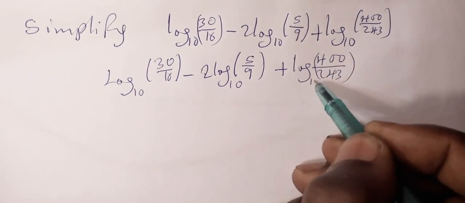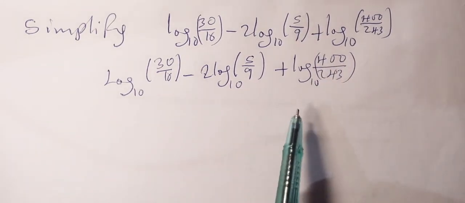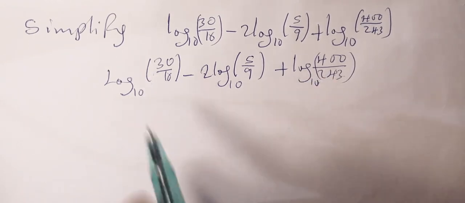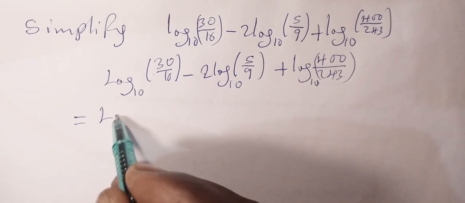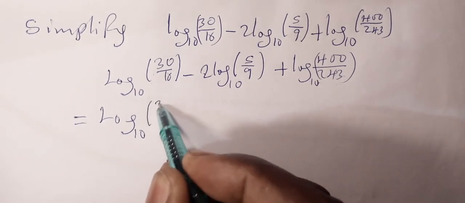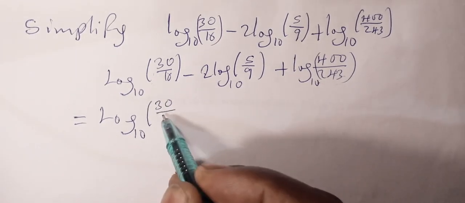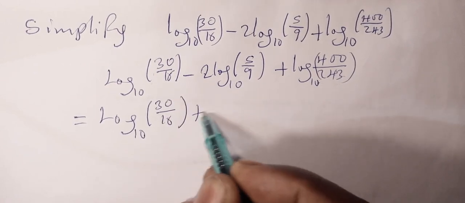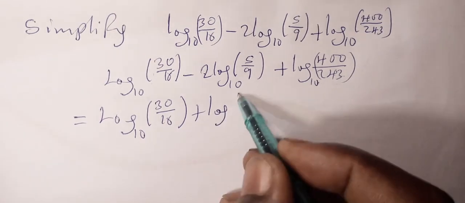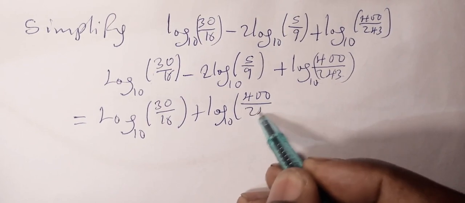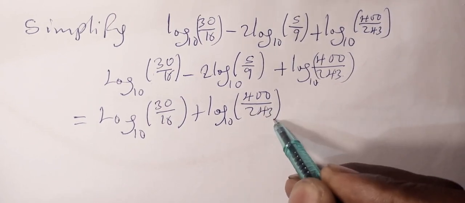So what we will do to solve this one, we'll take this one and bring it to the first term, which will be equal to log base 10 of 3 over 16 plus log base 10 of 400 over 243.